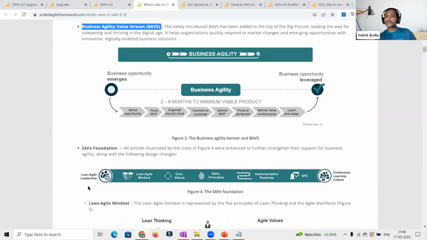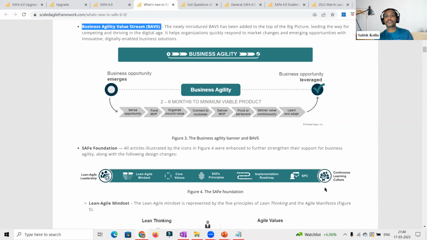Lean-agile leadership is already there from version 5, the competency. The continuous learning culture, earlier, used to come only in the portfolio and full SAFe. Now the continuous learning culture is included as part of the foundation, which means starting from the essential configuration itself, continuous learning culture becomes part and parcel of the implementation.